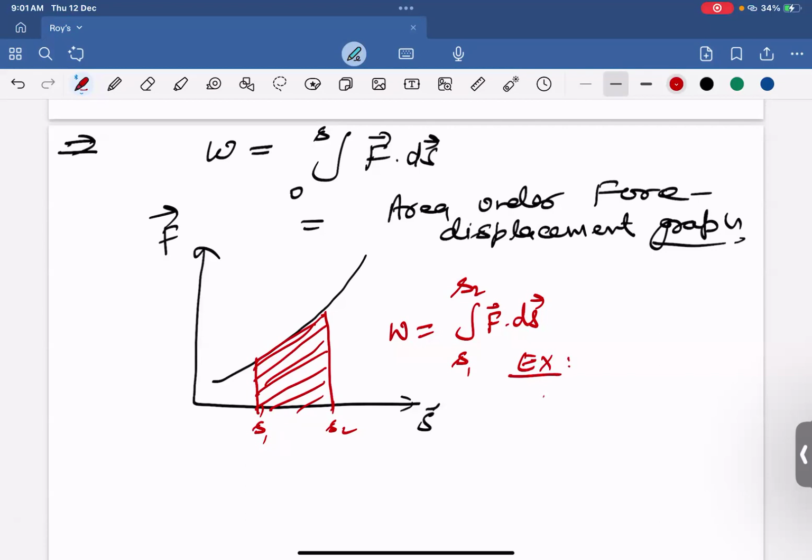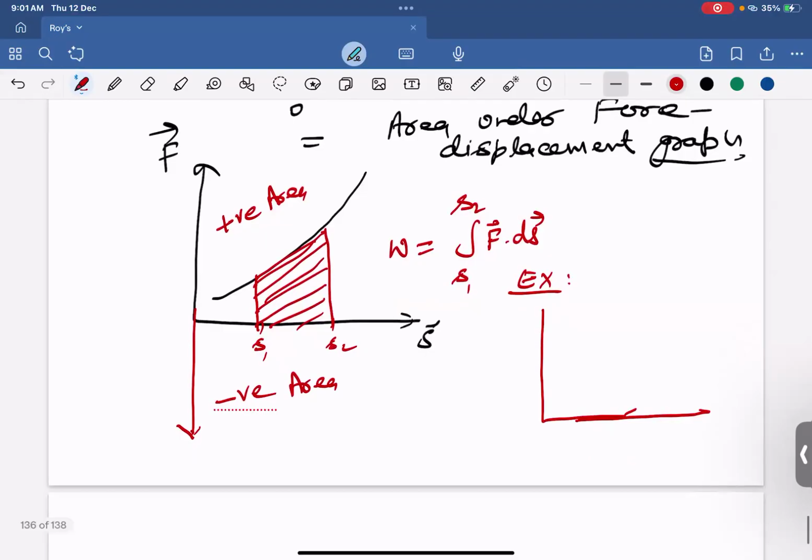If I take one example here, and here one thing you have to very much remember, that the area above will be positive, and downward if some area is coming, then this area should be negative.